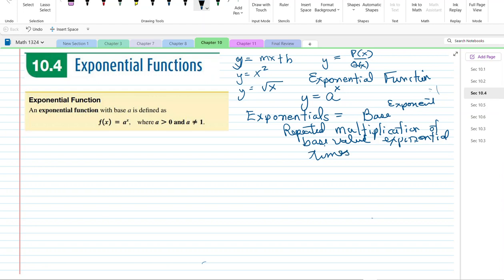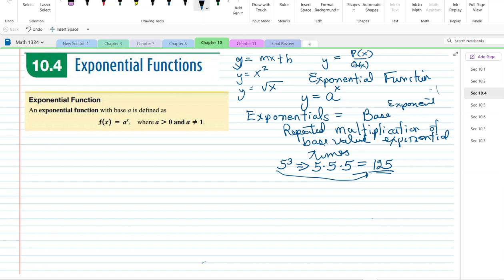So we can say 5 to the third means 5 times 5 times 5, which equals 125. So 5 to the third is equivalent to the product of 125.